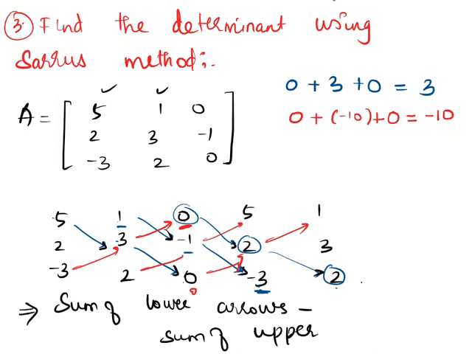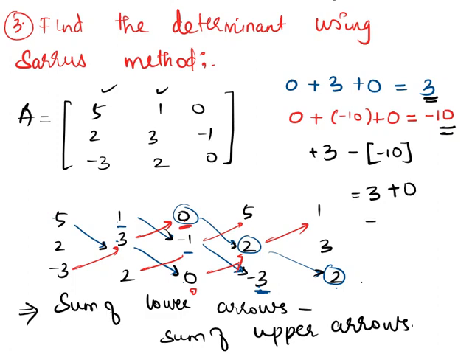As you see here, our lower arrows got the answer 3 and upper arrows got the answer minus 10. So we can calculate it as 3 minus of minus 10. Here it is plus 3 only. So 3 plus 10. So the determinant of A is 13, which is the answer.